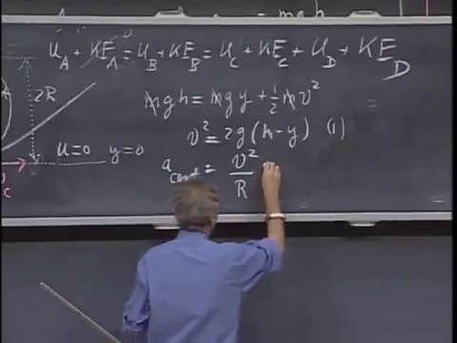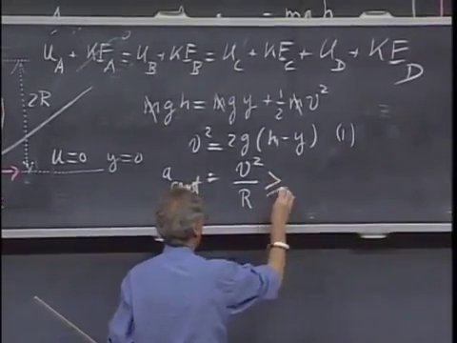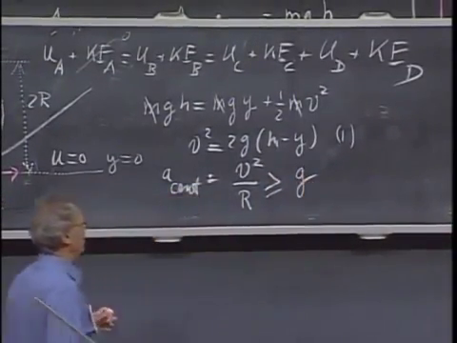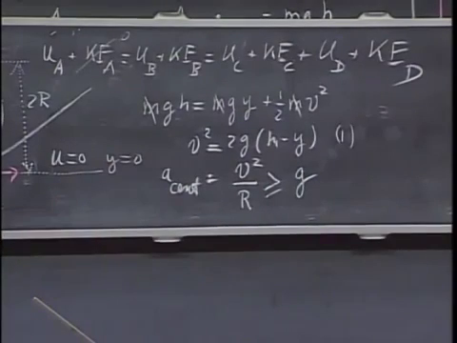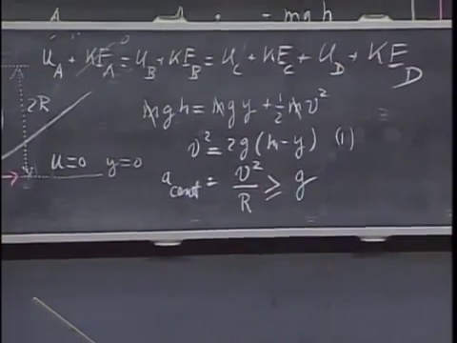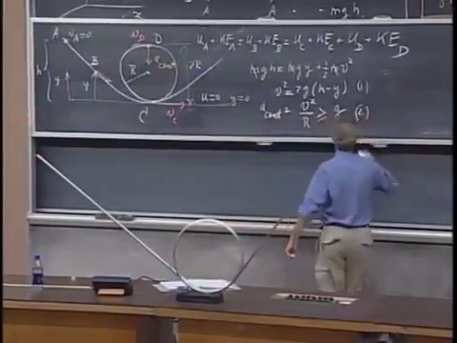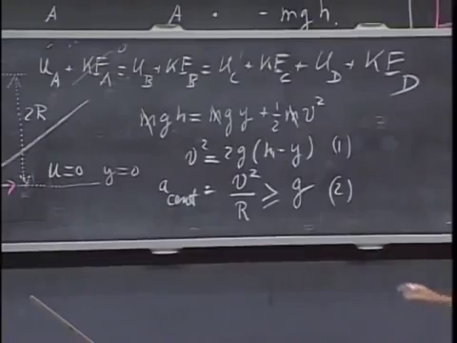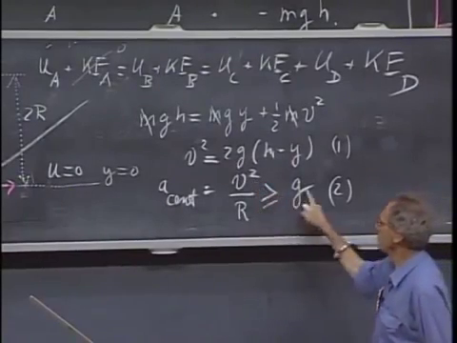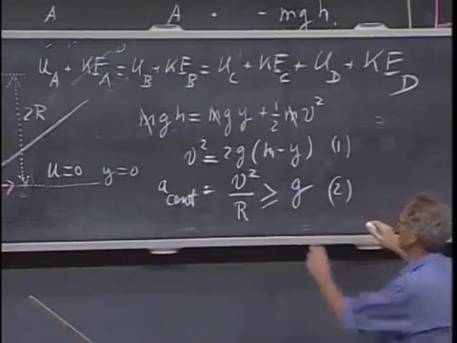And this must be larger or equal to the gravitational acceleration g. If it is not larger, the bucket of water would not have made it to that point D. So this is my second equation that I'm going to use, so look very carefully. So v squared must be larger or equal than gr.